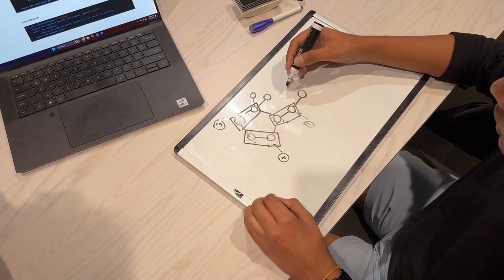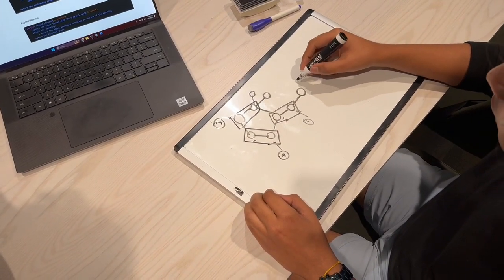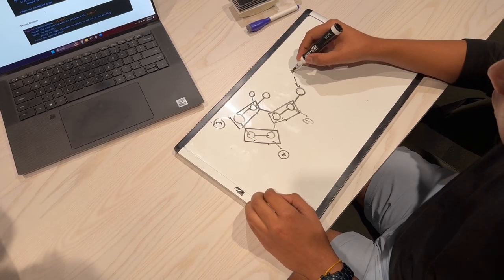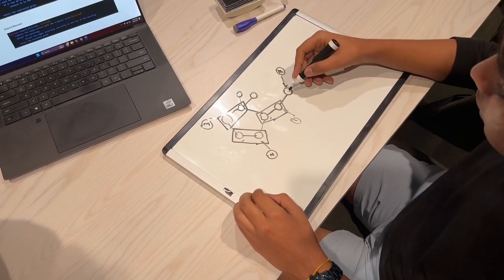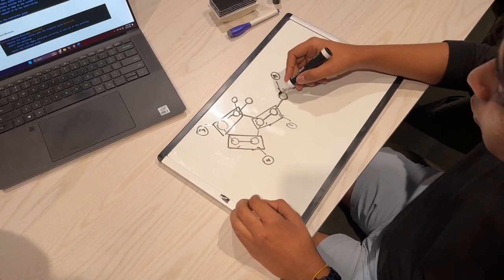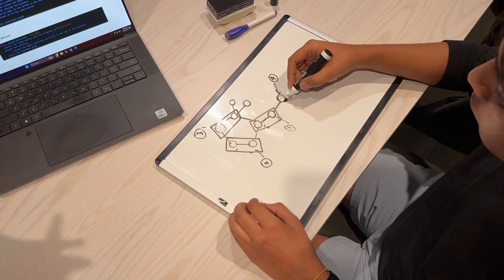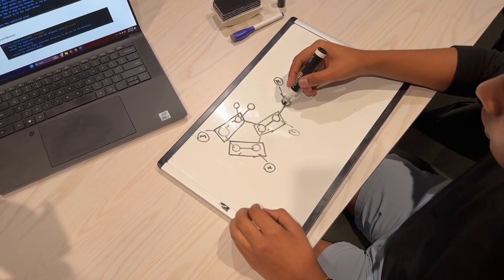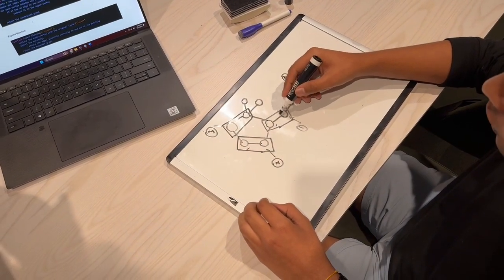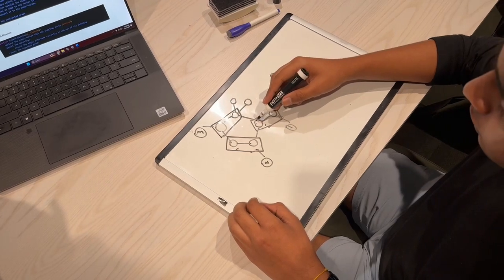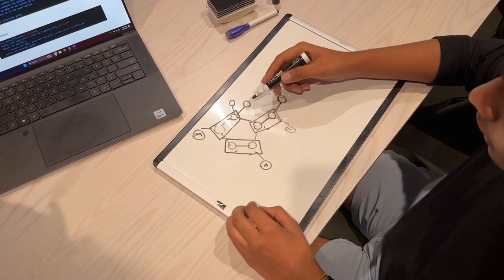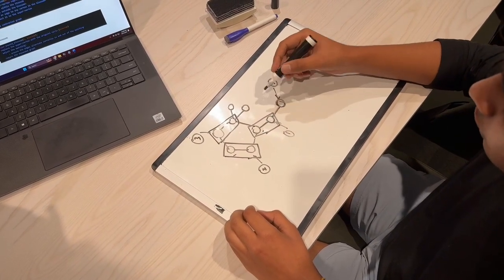Now let's try to match another one. Let's say we pick the 4th node, which is this, and try to make matches. What happens is, when we try to make a match with its neighbors and the neighbor is already part of a match, we move forward to the next node and try to find a node that's not already matched.